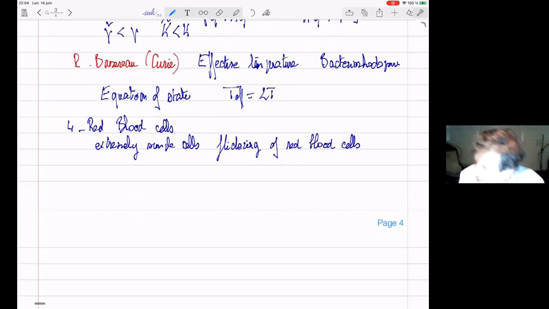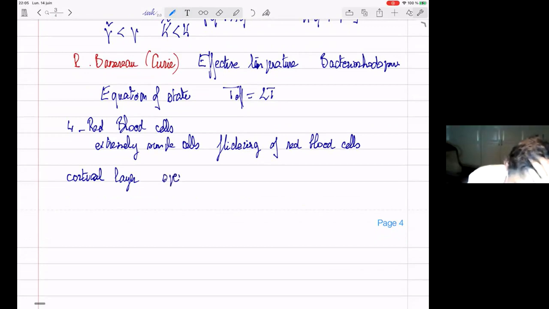Now, the red blood cells have a membrane, and below the membrane, they also have a cortical layer. And this cortical layer is much simpler. It's made of polymers which are called spectrin, that form a triangular lattice.